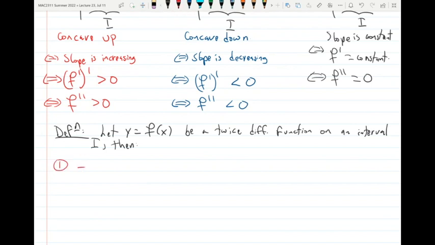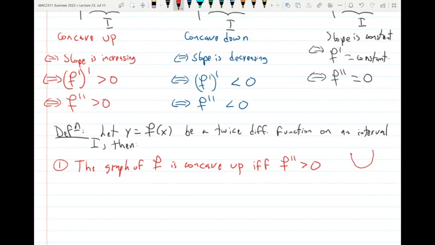Then the graph of f is concave up on I if and only if, what's the condition? The second derivative is positive, and remember the shape that we're talking about here is this type of shape. That's what concave up is.